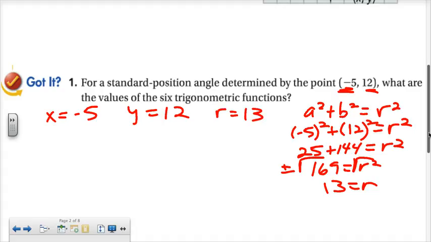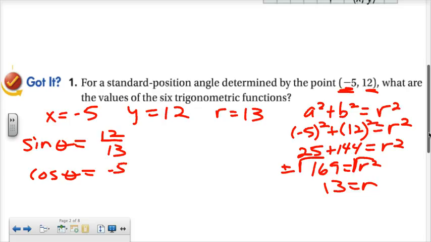R was 13. So you think sine of theta is y over r. Cosine of theta is x over r. And tangent of theta equals y over x. So negative 12/5.